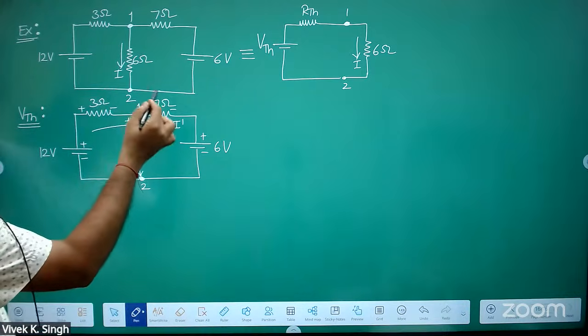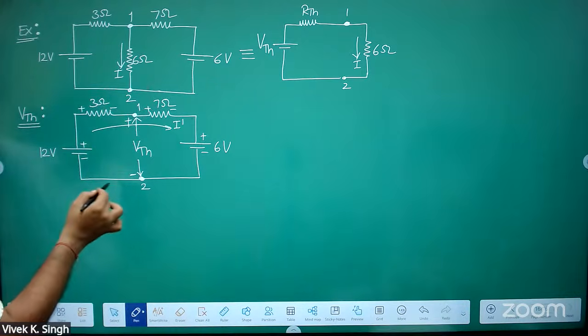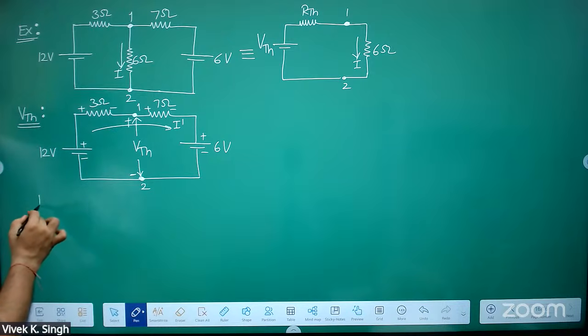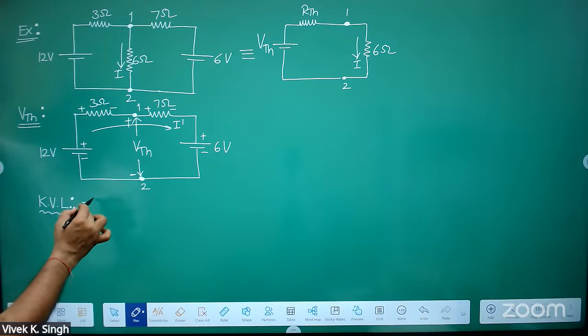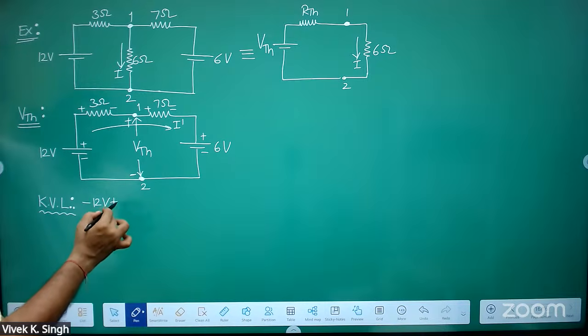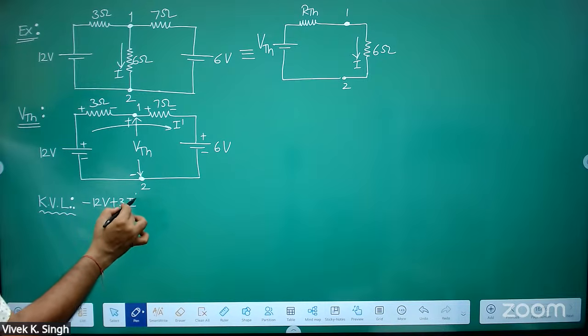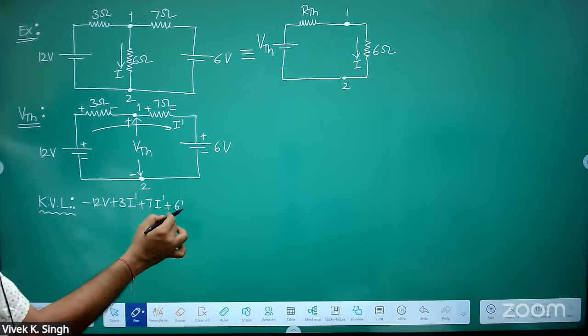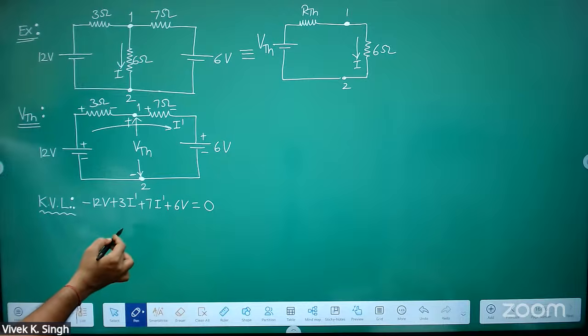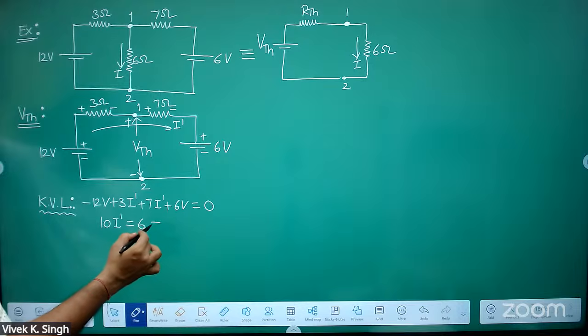If you apply KVL, Kirchhoff's voltage law, in the complete loop, you will get minus 12 volt plus 3 into I dash plus 7 into I dash plus 6 volt is 0. So 10 I dash is 6.